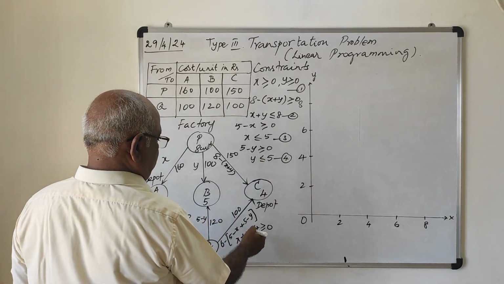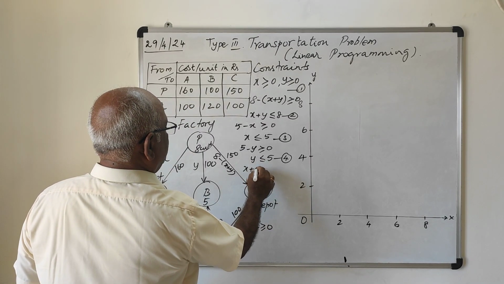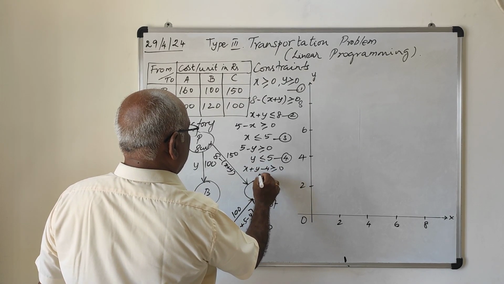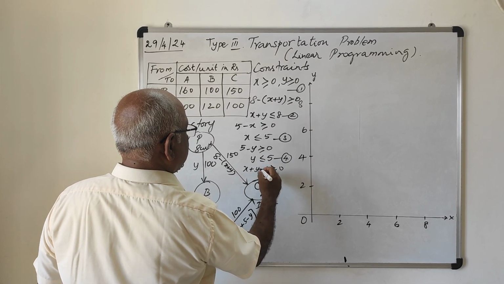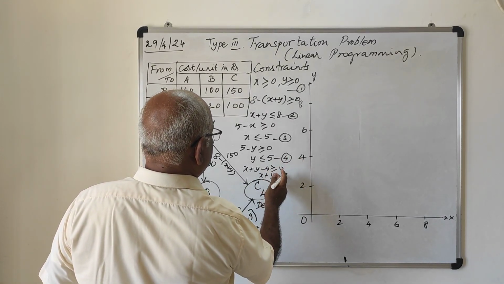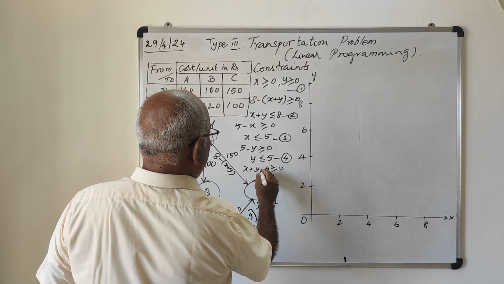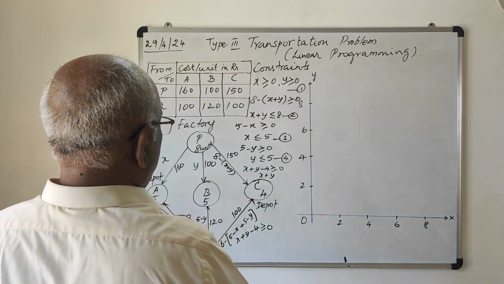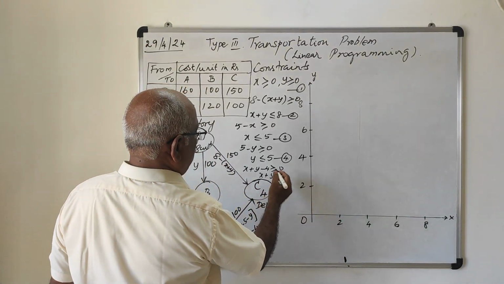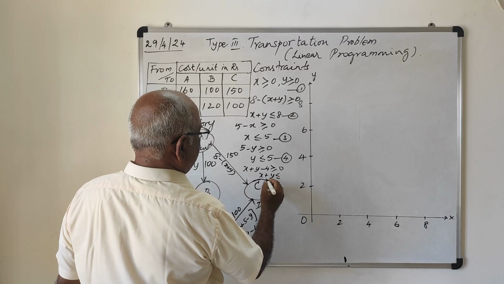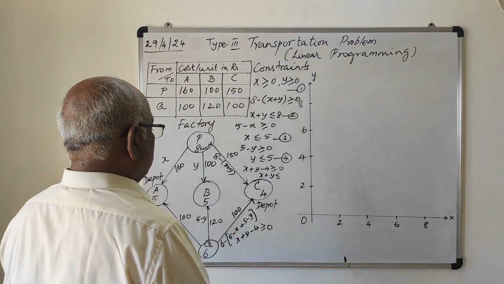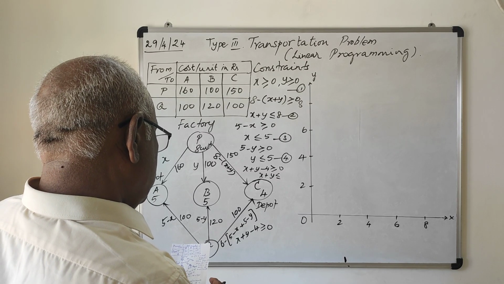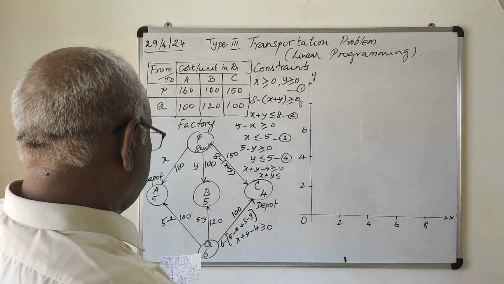This is our fifth constraint: x plus y is greater than or equal to 4. And our other equation is x plus y less than or equal to 8.